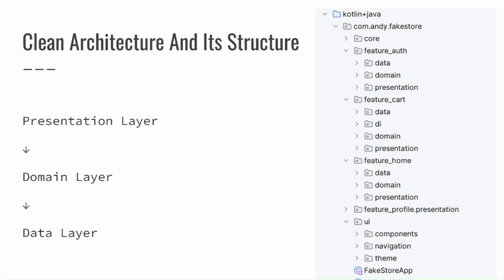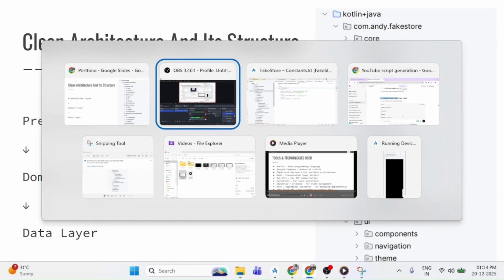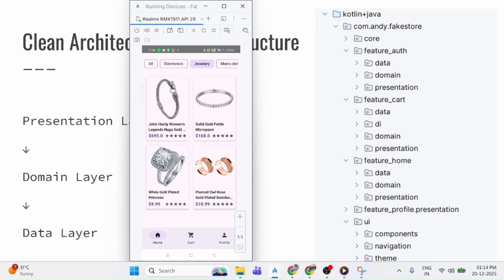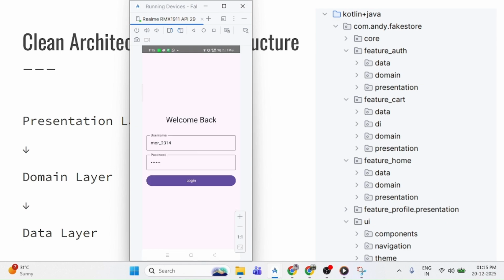So let's go into more detail on the presentation layer so you can get a better idea. Here on the left side I added the photo. You remember that our application contains three screens. Let me show you. The first screen is our login screen, and here is the complete auth feature for that screen.